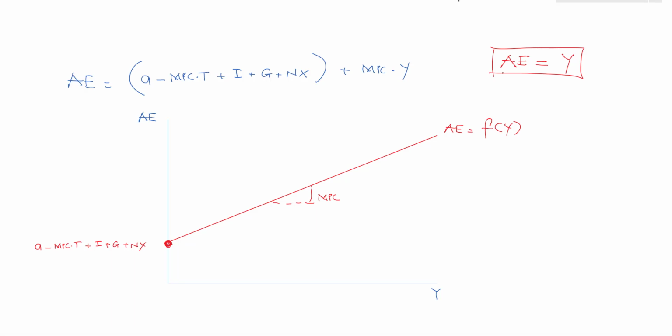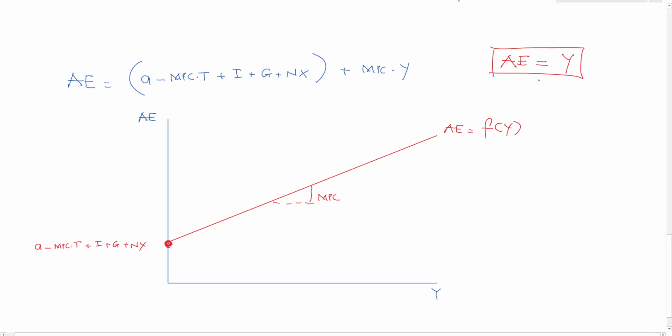So we need to find out, in our economy's AE function, which point on this line corresponds to a point where AE and Y are equal. Looking at it just like that, it's going to be very difficult for us to find it. So what we can do is get help from another line, which is going to help us find that point. The other line is going to be in green.